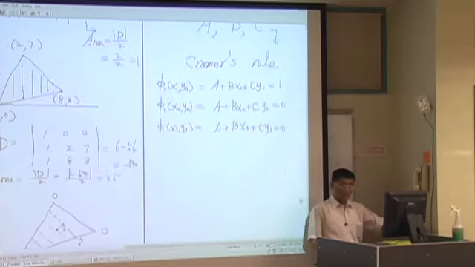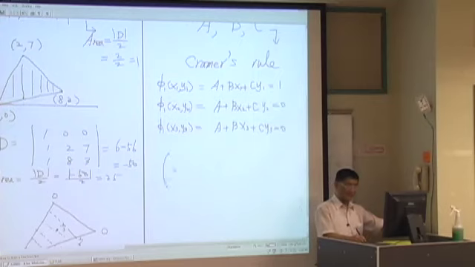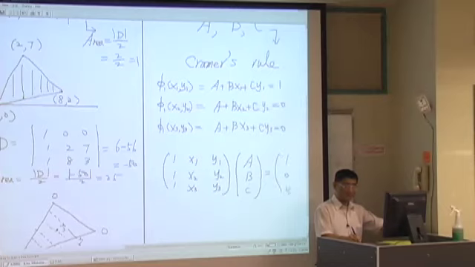So I will write this in matrix form. In matrix form, we have this 1, 1, 1, and then x1, x2, x3, and y1, y2, y3, and then capital A, B, C, multiplication equals 1, 0, 0.